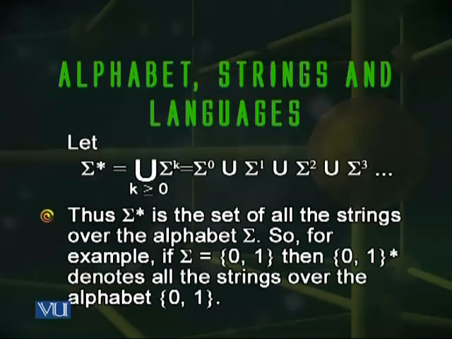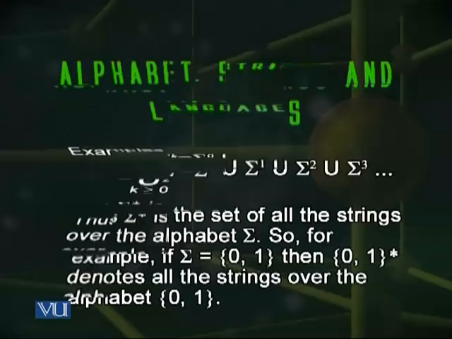So if sigma is the alphabet 0, 1, then 0, 1 star denotes the set of all strings that I can write using the symbols 0 and 1.